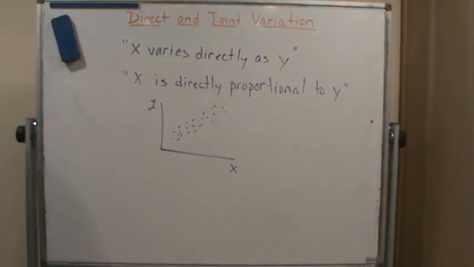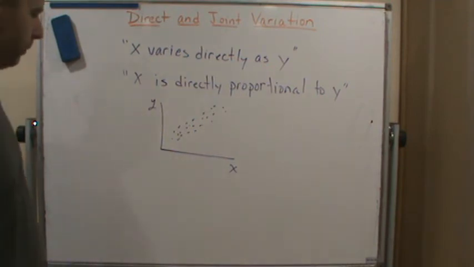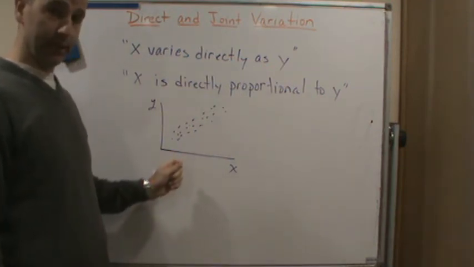Knowing what that means is important because it's going to help you set the problem up as a correct proportion. Also make sure you know what the independent variable and the dependent variable are.